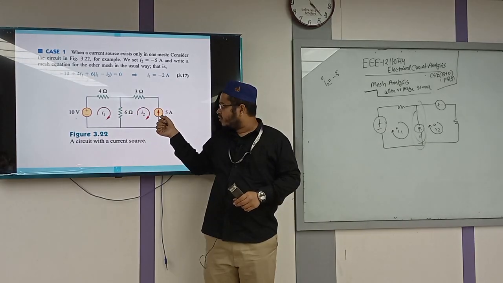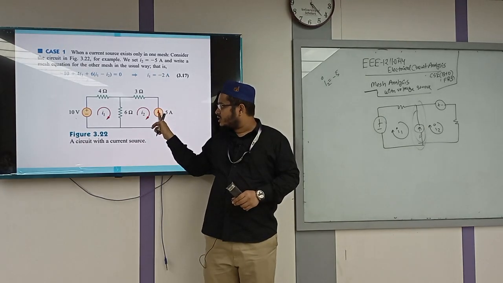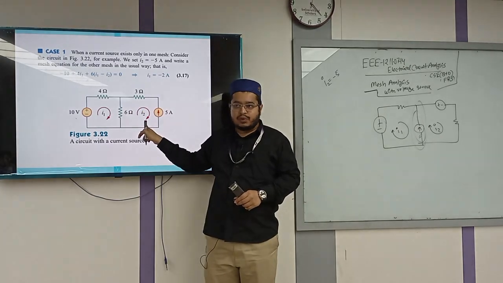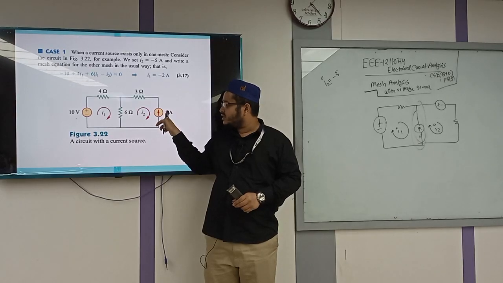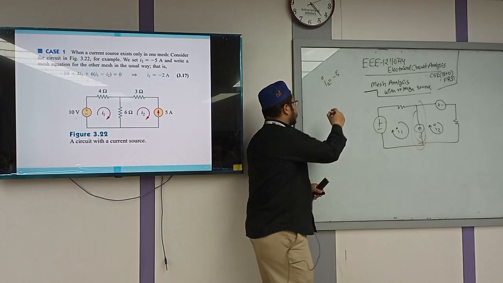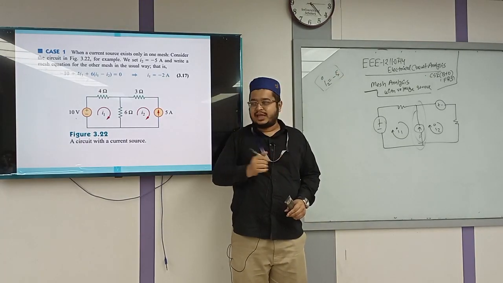It is the opposite of 5 ampere, as this current source is connected with only one mesh and only one current is flowing through the mesh. So I can say I2's value is equal to 5, and it is the opposite. So I can say I2 is equal to -5. Can I say this? Yes.